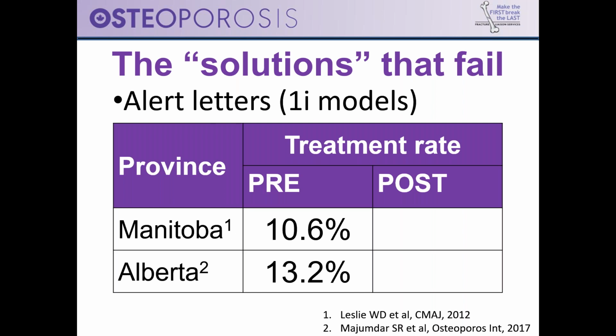What about a more targeted option? And I'm not going to go into detail into what we call the 1I, 2I, and 3I model, but here's a targeted intervention that sends out an alert letter to the primary care provider. So Mrs. Smith breaks her wrist, and within a short time after that broken wrist, a letter goes to the patient's family physician saying, your patient Susie Smith has broken her wrist.